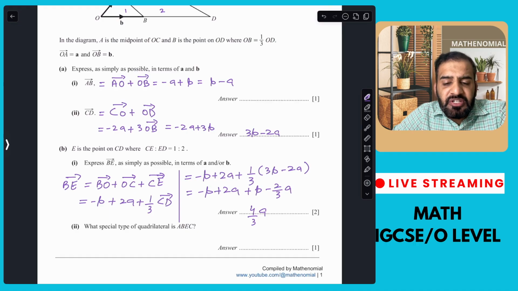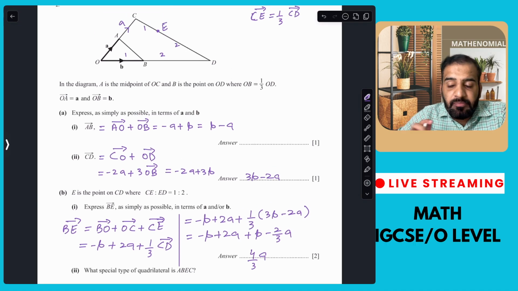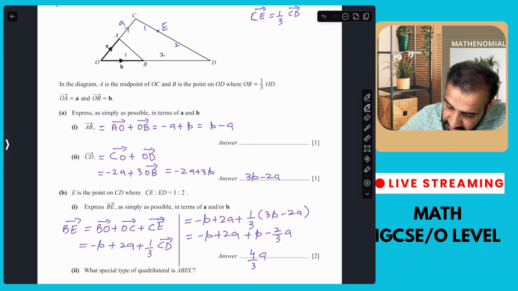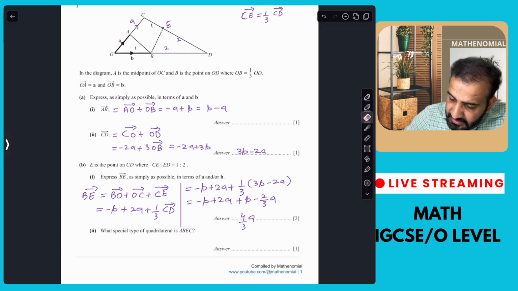What special type of quadrilateral is ABEC? We join B to E. Children, look at this. What is BE? BE is 4/3 a. So can I say that this BE is parallel to... let me change this E a little.